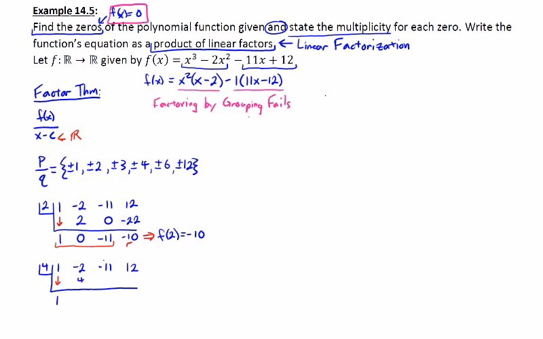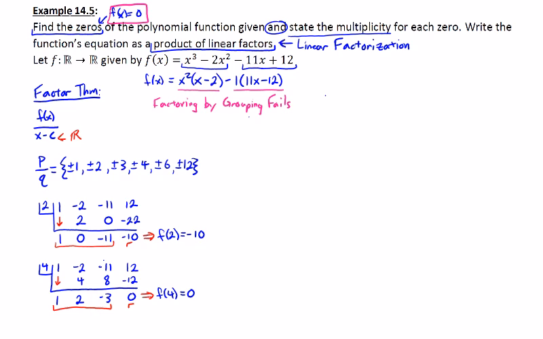So let's see, we'll have 4, +2, +8, -3, -12, and what we're looking for, 0. So again, we have a quotient, we have the remainder, and the remainder theorem tells us that f of 4 must be equal to 0. That's what we're looking for.